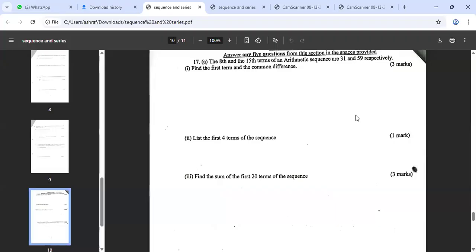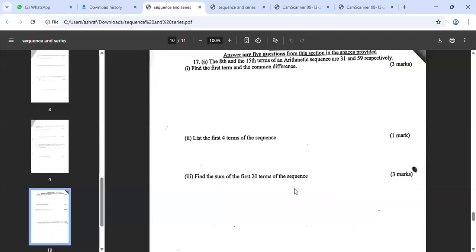Then list the first 4 terms of the sequence. Work out the first 4 terms and share the values. Yes, Victor. 3, 7, 11, 15. Good.